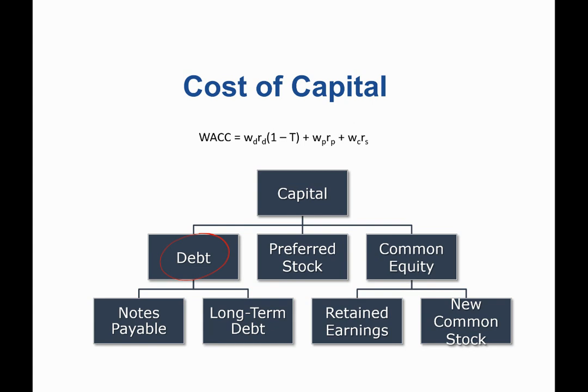The rate of return is what investors are demanding for providing the funds, and they provide the funds either through bonds or through the issue of shares, common stock or preferred stock.